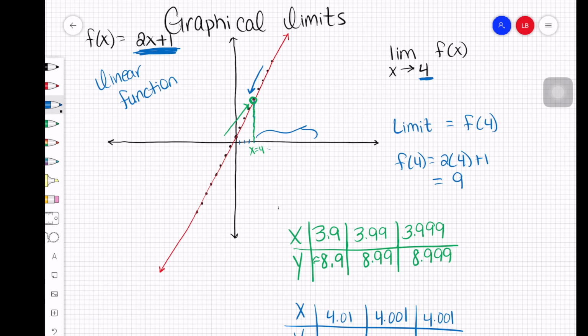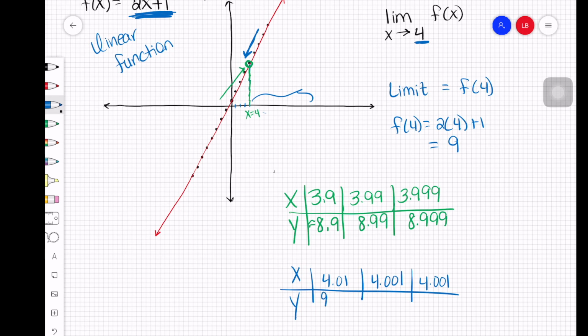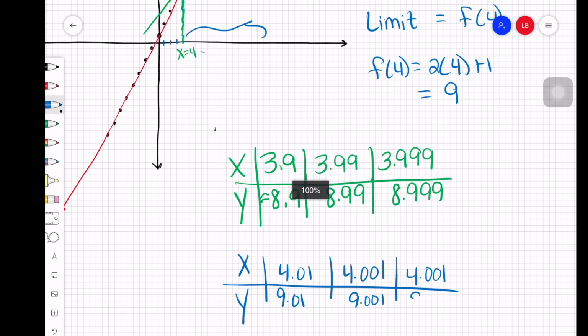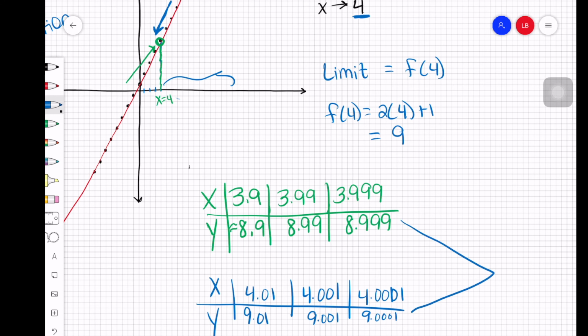My y values are going to get closer and closer to the number 9. So I haven't actually plugged these numbers in, but I would assume that it would be something like 9.01 and 9.001 and 9.0001. But that's what would happen. You could see that in both cases, both of these patterns, they are approaching 9.